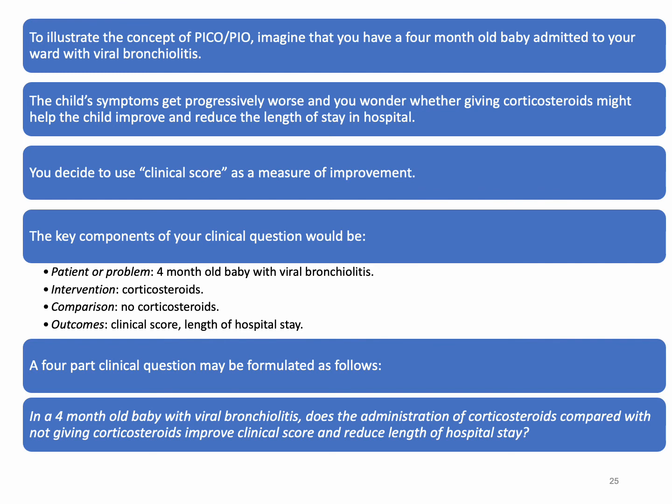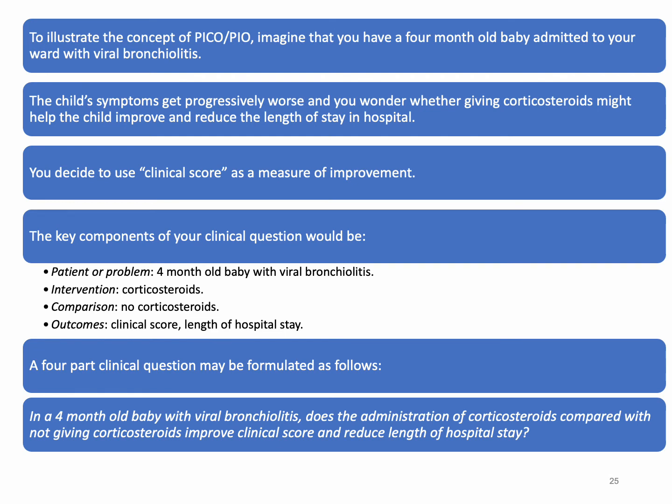To illustrate the concept of PICO or PIO, imagine that you have a 4-month-old baby admitted to your ward with viral bronchiolitis. The child's symptoms get progressively worse, and you wonder whether giving corticosteroids may help the child to improve or reduce the length of hospital stay.